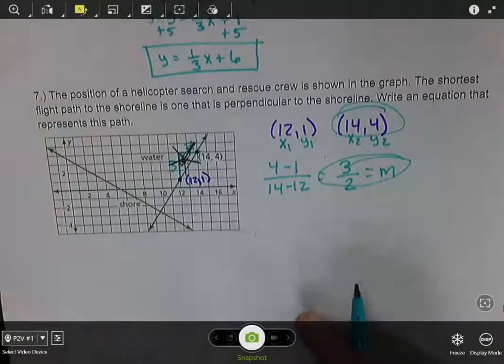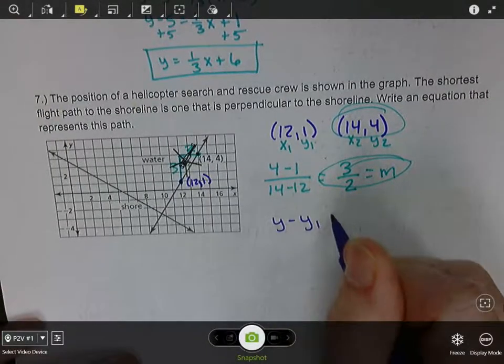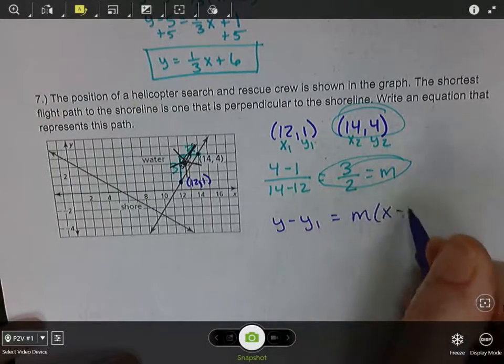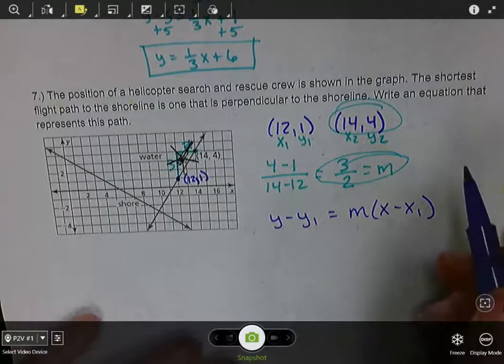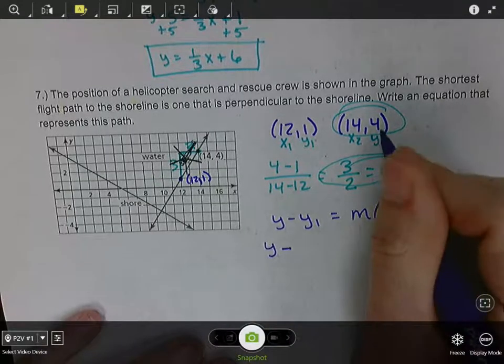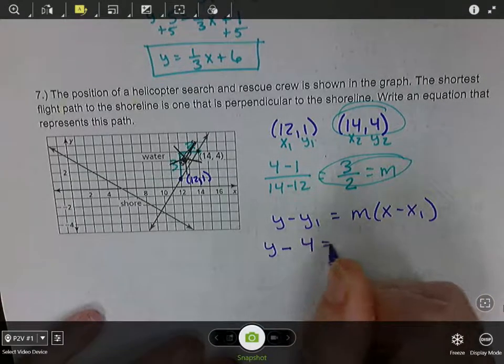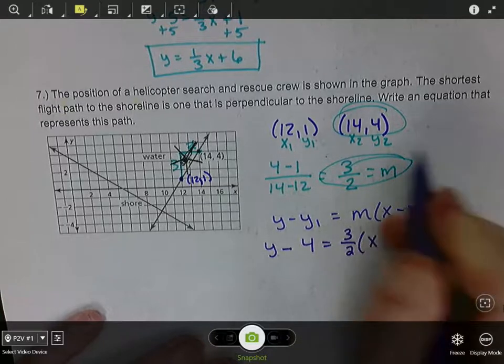Okay, so start with the formula. Y minus y1 equals m times x minus x1. Okay. So this is going to be y minus y1 is 4 equals m, which is 3 over 2, times x minus 14.